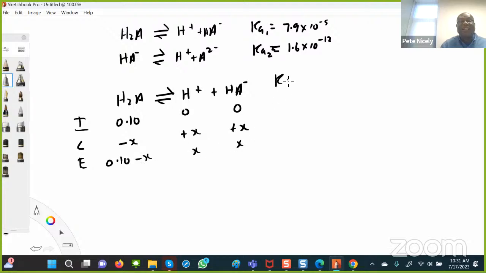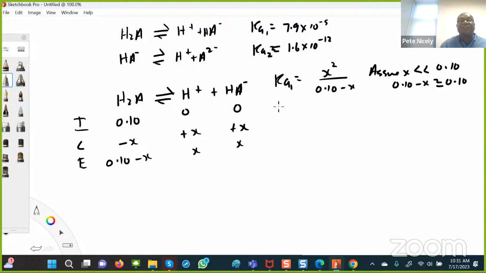And then we're going to say Ka1 is equal to X squared over 0.10 minus X. Again, we're going to assume that X is much less than 0.10. So that means that 0.10 minus X is approximately 0.10.